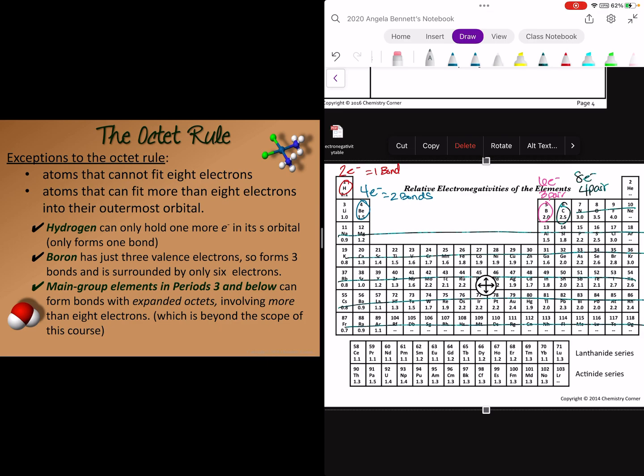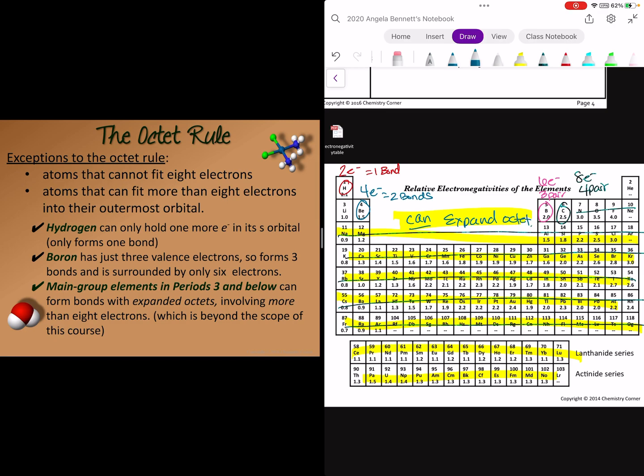Now, if I am in energy level 3 or greater, so this starts energy level 3, all of these elements can, I'm going to fill in right here, expand their octet. Why?